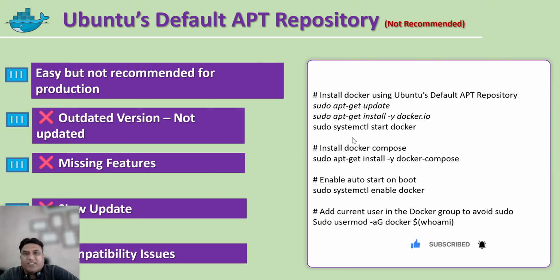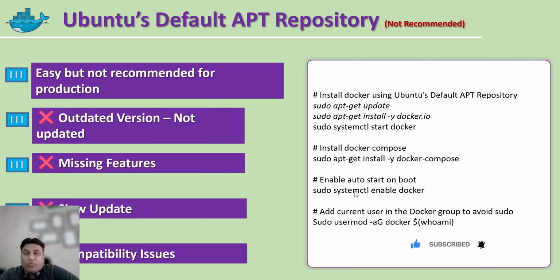And then we run systemctl start docker, so we are starting Docker. By default it will start automatically, but we want to double make sure that it is started. And then if you have a requirement to install Docker Compose, you can install Docker Compose as well.